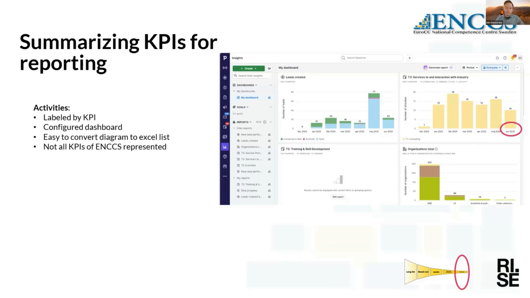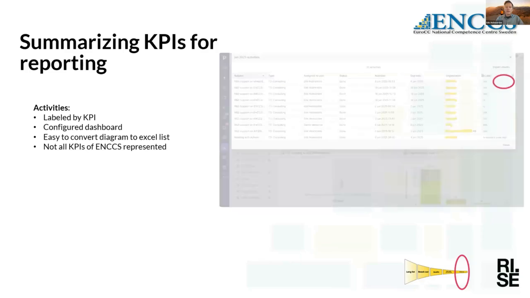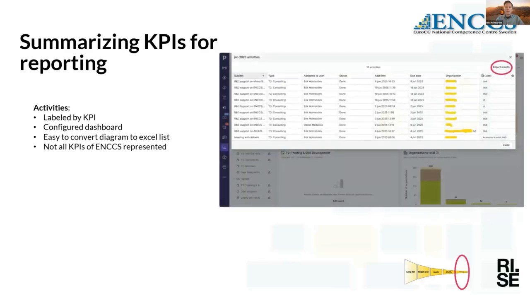If he wants to report this KPI for June, he clicks there in the red circle, and then you get this list of all the different activities, and he can export it to an Excel file and then cut and paste into the reporting system for the project.